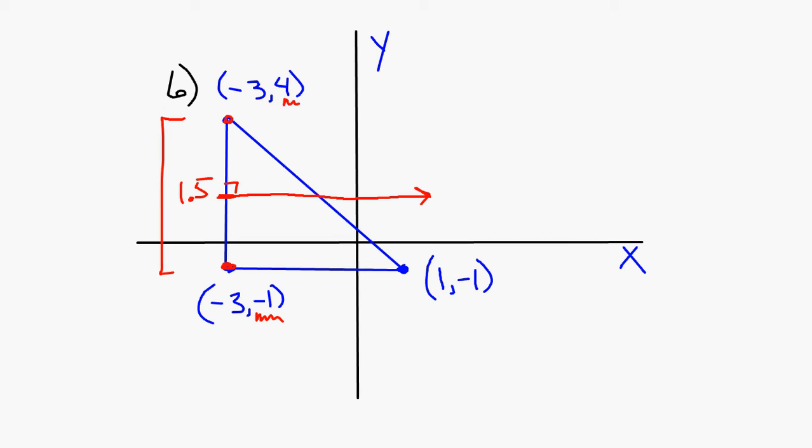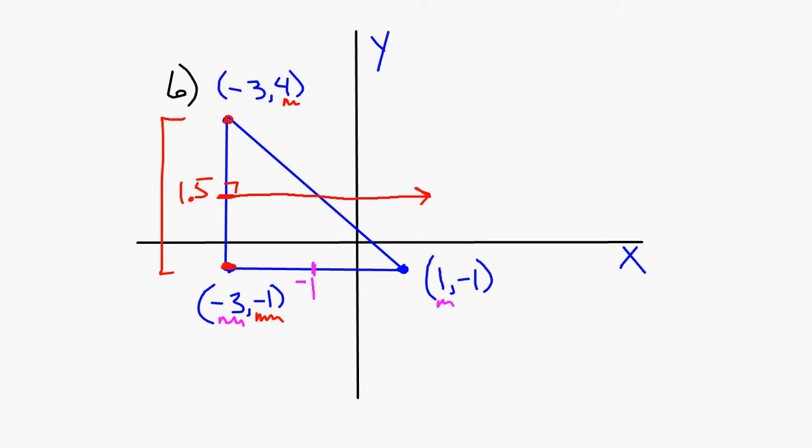Now, look at your horizontal axis. It goes from -3 to +1. So how long is that side? 4. What's half of 4? 2. So -3 plus 2 is -1, right here.